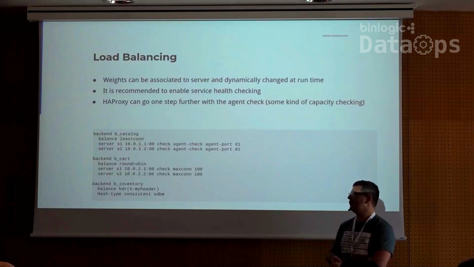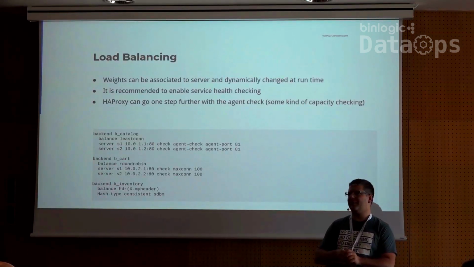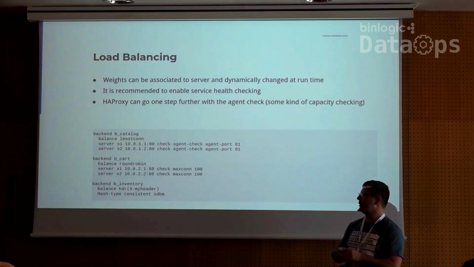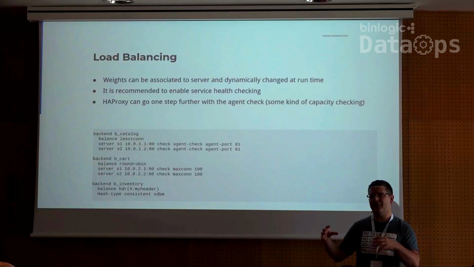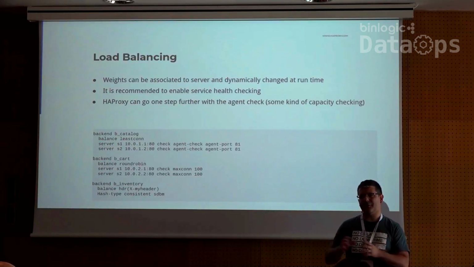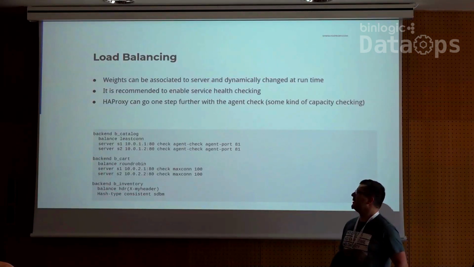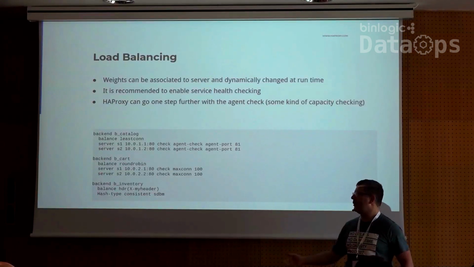People can use that for their databases as well, for MySQL. I think Percona has written an article on their blog where they use the agent check, and they just disable MySQL slaves if the difference between the slave and the master is too high, for example. So you can just disable a slave like that. The agent check can be used as well to report information within HAProxy.